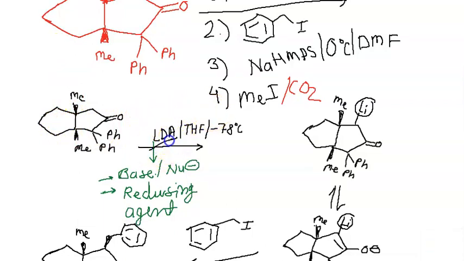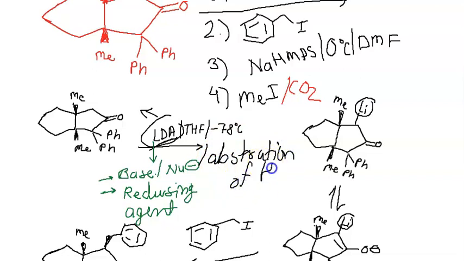LDA is a nucleophile as well as a base. A base has a tendency to abstract hydrogen. Which hydrogen is abstracted? The more acidic hydrogen.